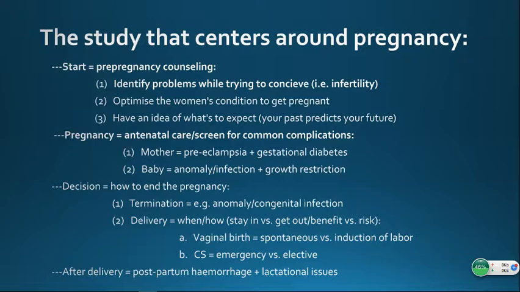And if the pregnancy is to continue, the important question might be when and how you would deliver. To answer that, you have to evaluate the benefit and risk of staying in versus getting out.